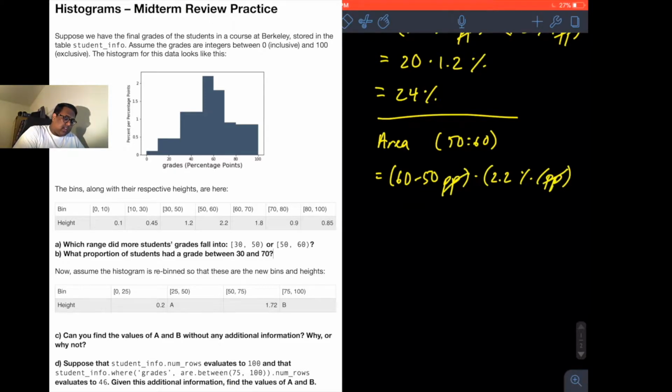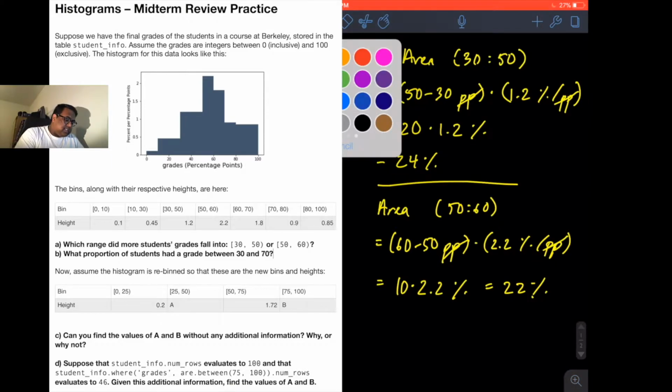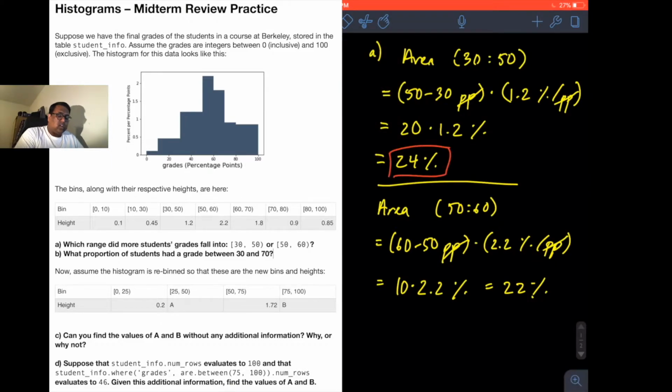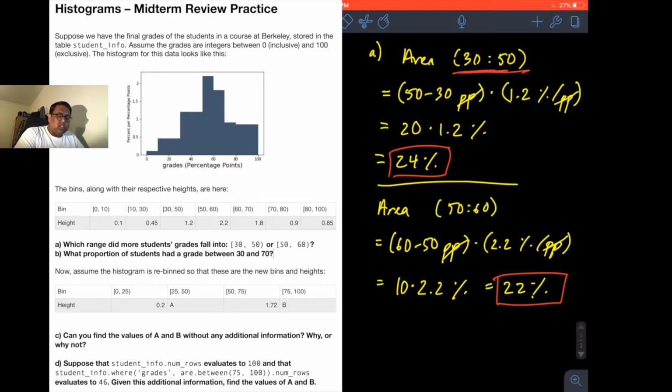Percentage point units cancel out again, and we're left with 10 times 2.2%, which gives us 22%. And so now, what does this tell us? Well, it tells us that 24% of students had a grade that was between 30 and 50, and that 22% of students had a grade that was between 50 and 60. So clearly, there are more students in the 30 to 50 range. So that answers part A.